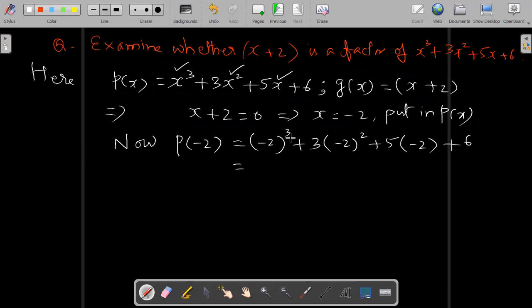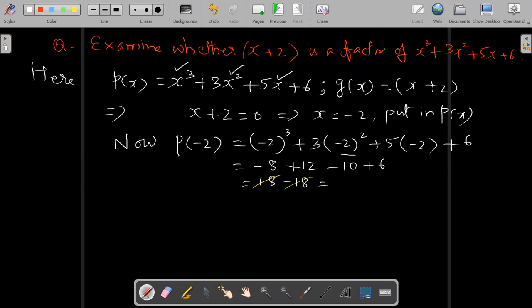If the power is odd, I told you the answer will be negative: 2 to the 4 to the 8. When the power is even, the answer will be positive: 2 to the 4 and 4 threes is 12. Here minus plus minus, 5 tens is 10, plus 6. So 12 plus 6 is 18, minus 8 minus 10 is minus 18. Minus 18 and plus 18 cancel, we get 0.